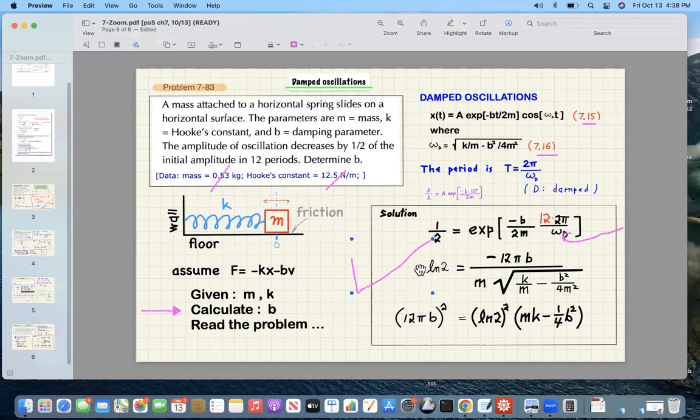You'll have minus 1 squared, but that's just 1. We could bring this m inside the square root, then I'd have km minus b squared over 4. So when I square that, I'll get km minus b squared over 4 on the right-hand side, and this on the left-hand side. And now I just have a linear equation for b squared. So I can solve for b squared, take the square root of that, and that's b.